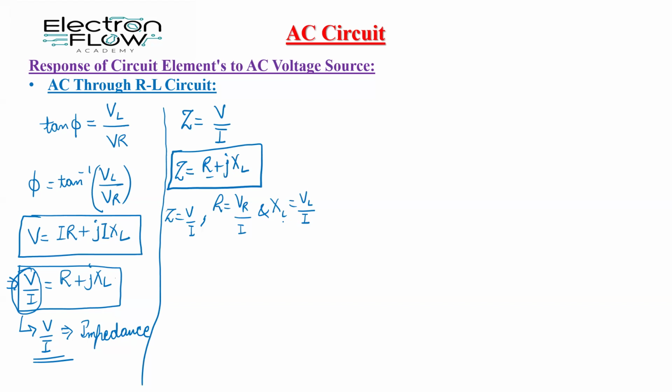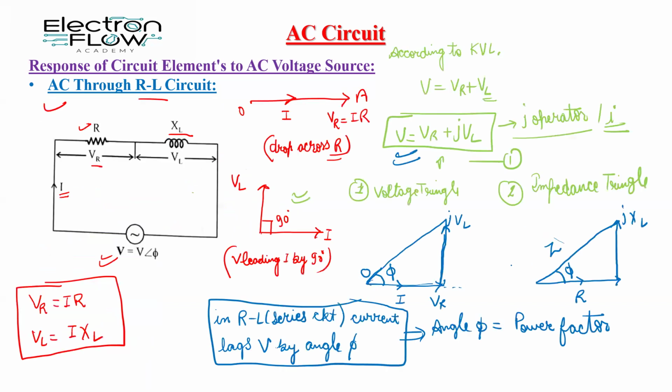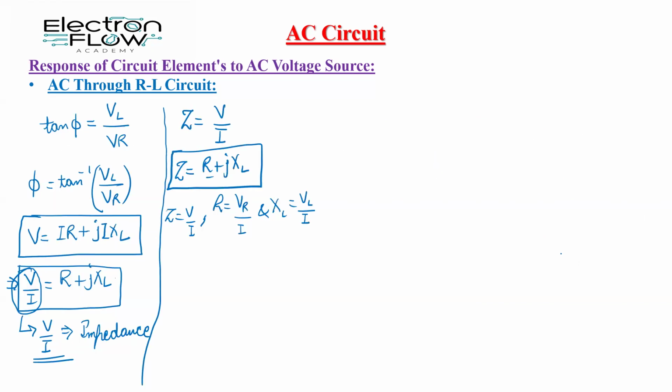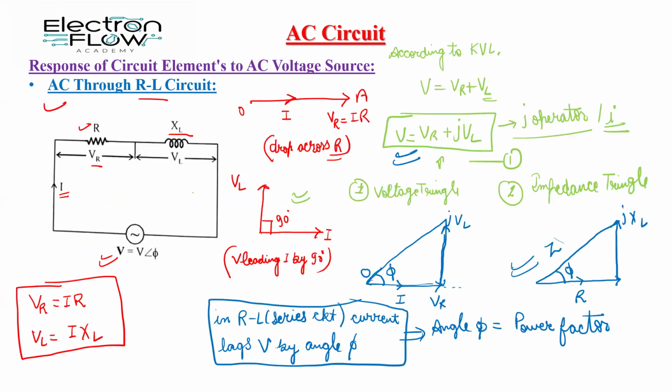Okay, so this is our voltage triangle. The angle between the impedance line and the resistance line is the power factor angle, which we have discussed here. So we can write that tan phi is equal to XL upon R, from this impedance triangle.